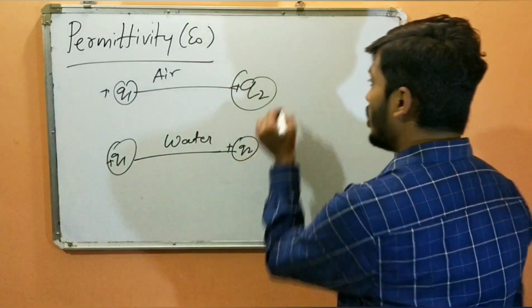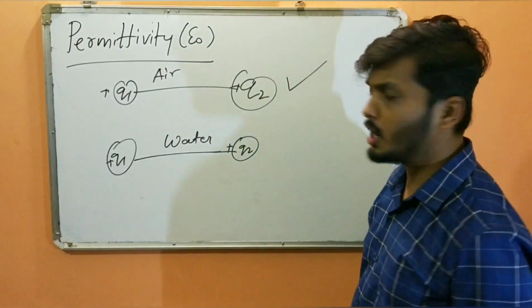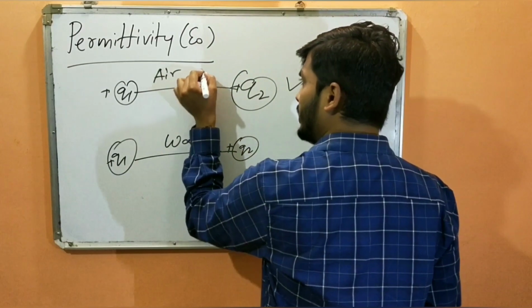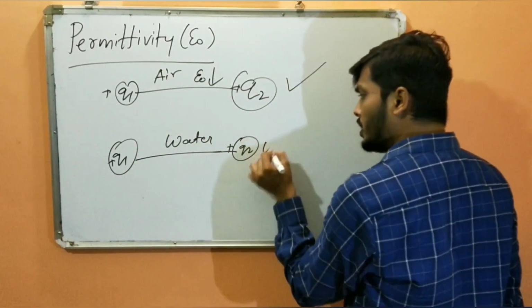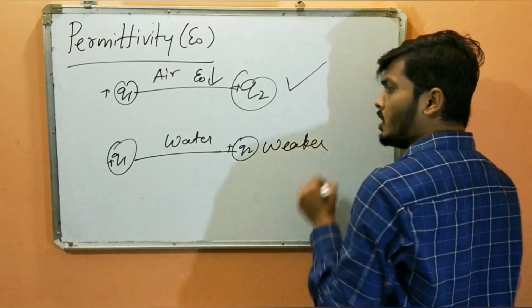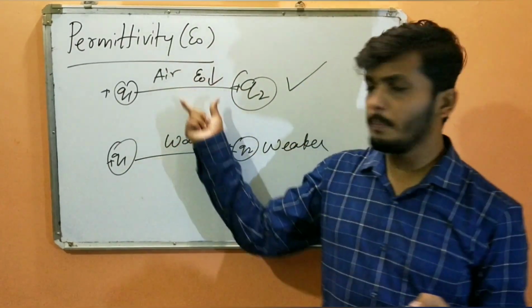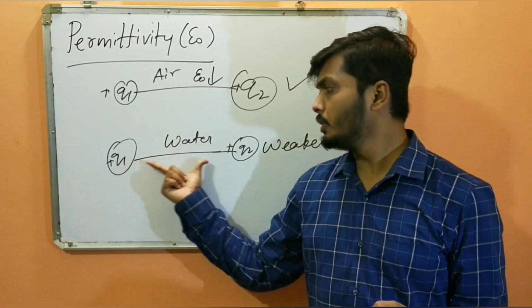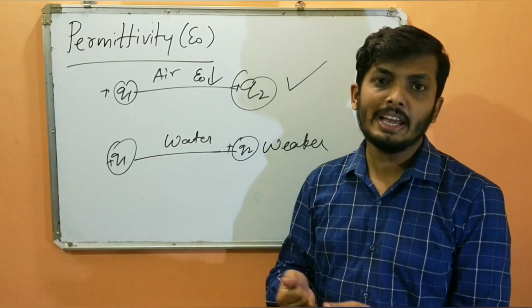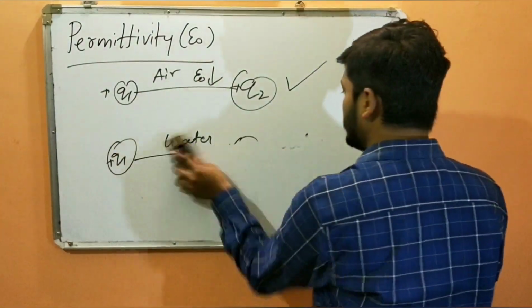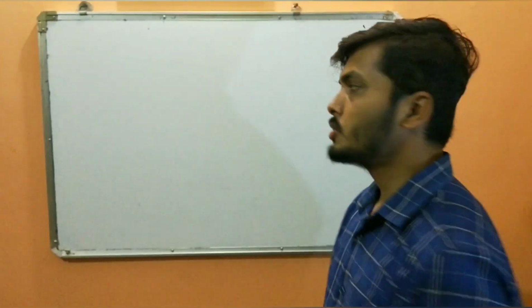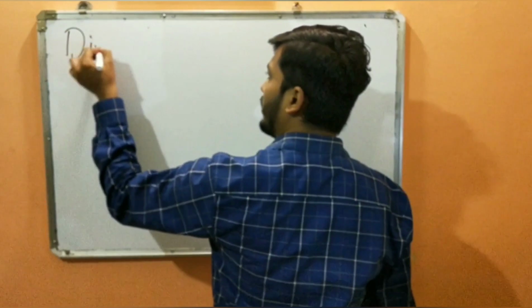Obviously in the air case the force will be stronger because permittivity is lesser. In the water case the force will be weaker because water is a denser medium compared to air. So the force between the charged particles will be less. Have you understood what permittivity is? So considering this, we'll study the dielectric constant.